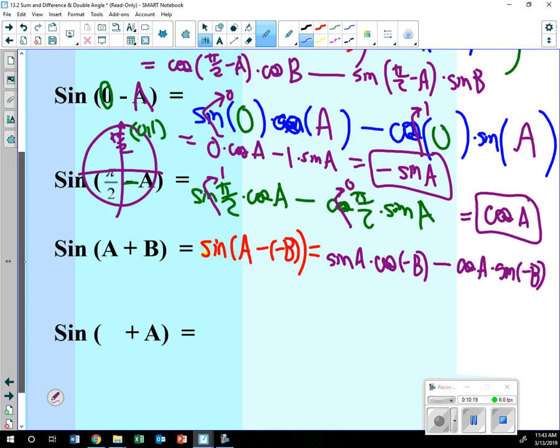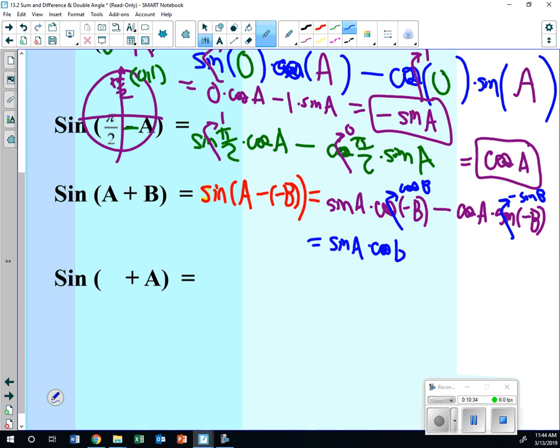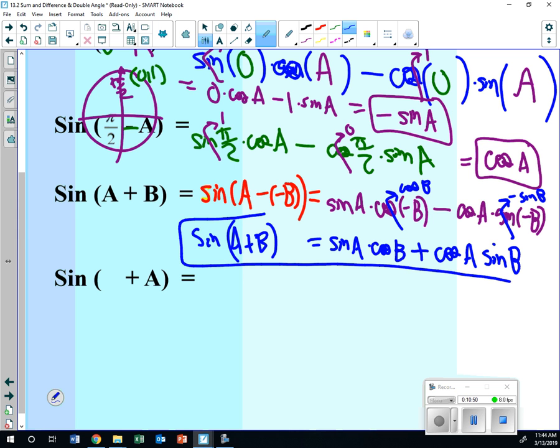And then I have to remember here that this is cosine b, and this is the opposite of the sine of b, which is going to just make this sine a cosine b minus a minus will be plus cosine a sine b. That's the sine of a plus b. What's irritating is for cosine, the signs are opposite. For sines, the signs are the same.